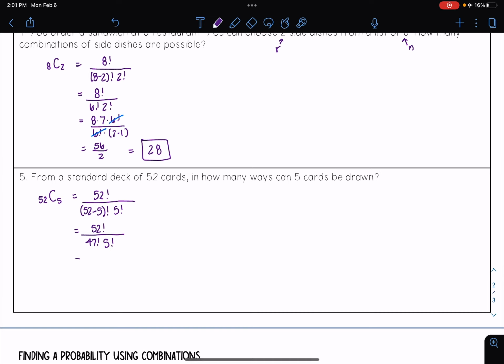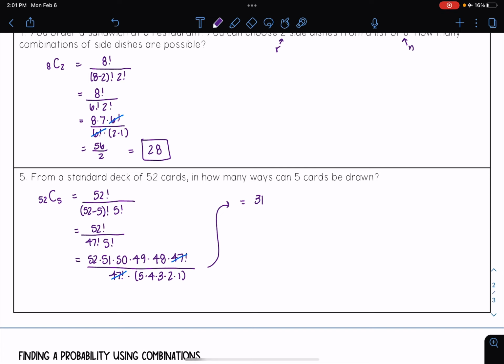And now I'm going to break apart that 52 until I get to 47. So I have 52 times 51 times 50 times 49 times 48 times 47 factorial over 47 factorial times, and I'm going to break apart that 5, 5 times 4 times 3 times 2 times 1. And so I have my 47 factorials that cancel out. Now I need to multiply these other numbers. So I'm going to do 52 times 51 times 50 times 49 times 48.